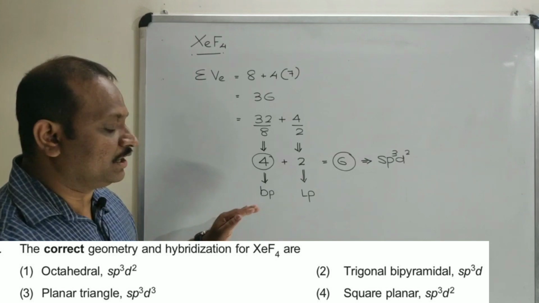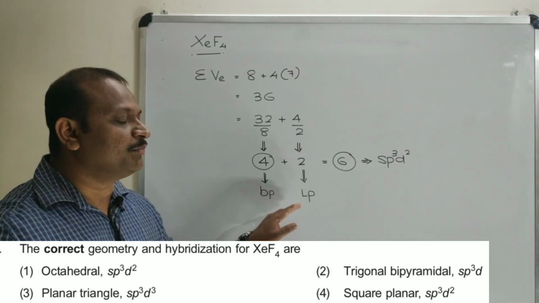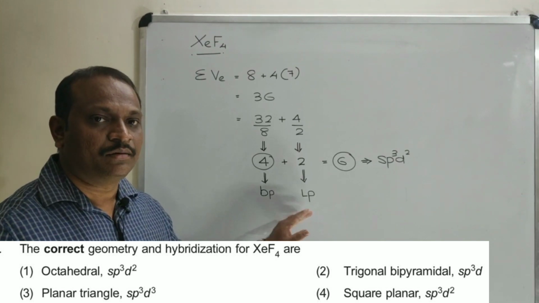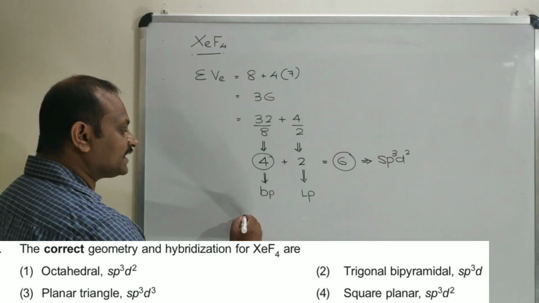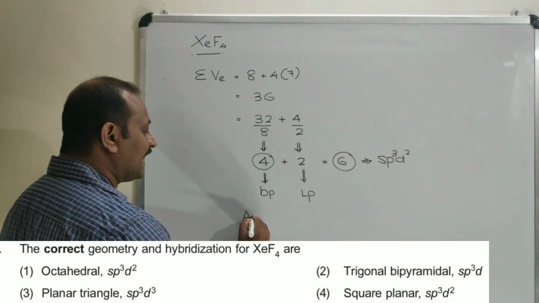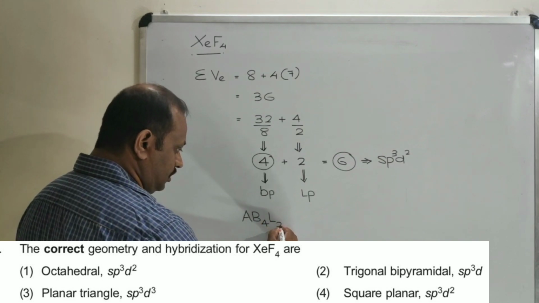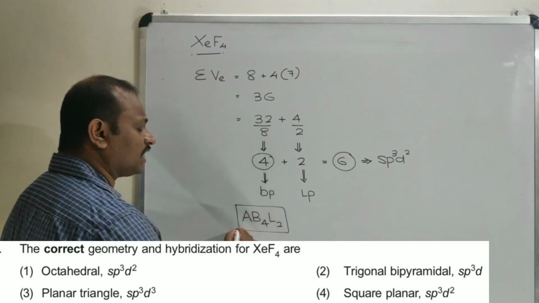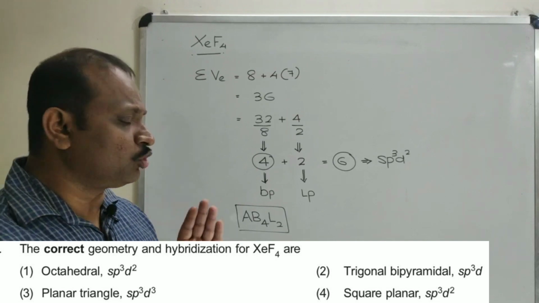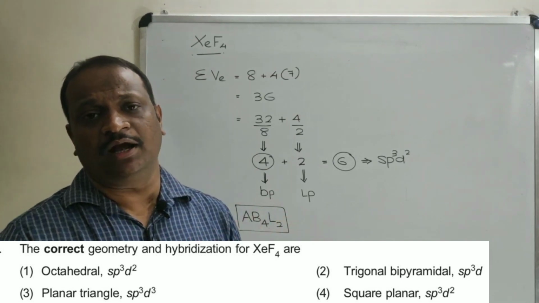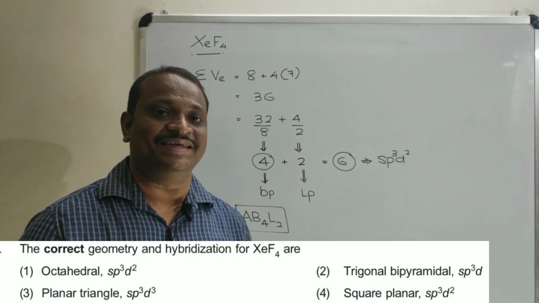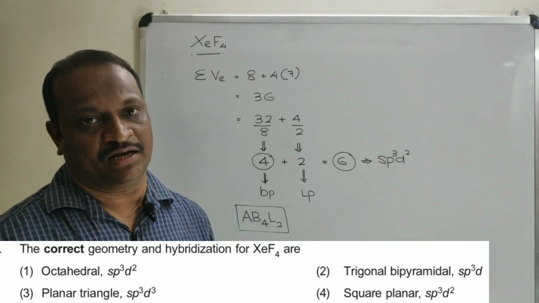So we have 4 bond pairs and 2 lone pairs, which means this is an AB4L2 type molecule. AB4L2 means it will be a square planar compound.